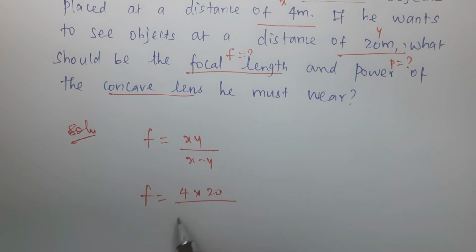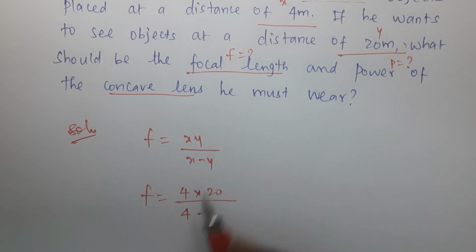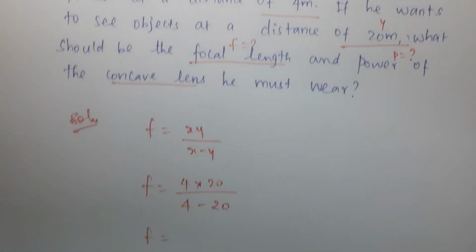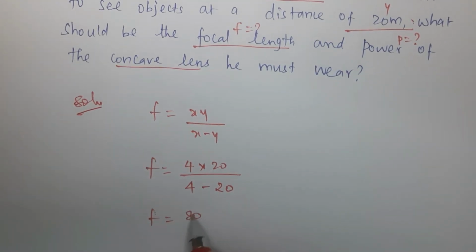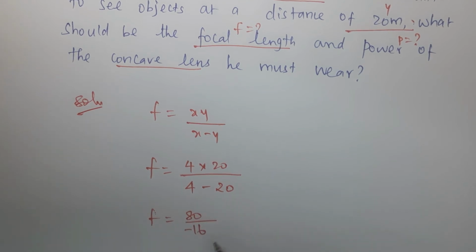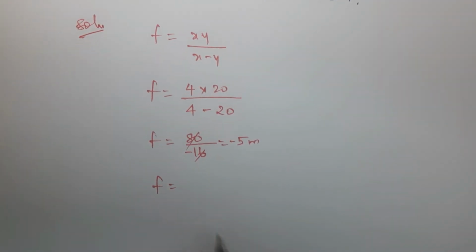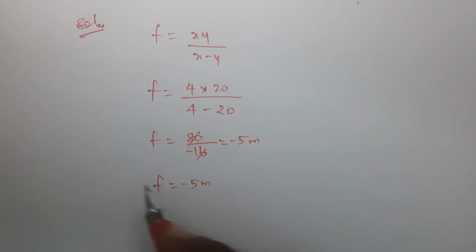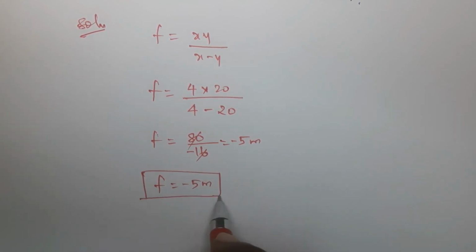Then x value is 4 minus y value is 20. f is equal to 4 twenties are 80, then minus 16. If we cancel, f value is minus 5 meter. So f is equal to minus 5 meter. This is the focal length of the concave lens, because the negative sign is there.